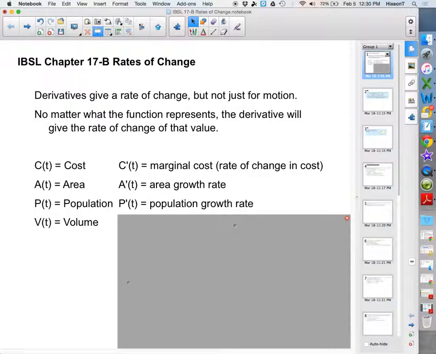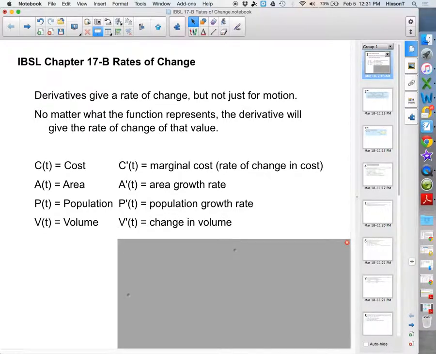We could figure out, okay, this is an exponential growth model, we know this bacteria reproduces at this certain rate. We can figure out how quickly it's going to spread, okay? And likewise, volume is another one that's kind of obvious. How quickly is something getting bigger in the amount of space it's taking up, or smaller even, okay?